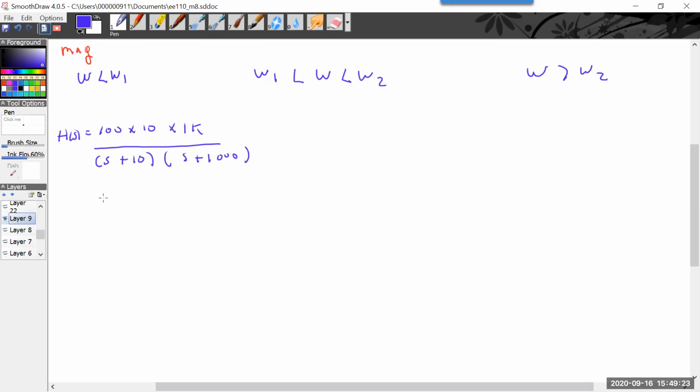Okay, so if omega is less than 10, it's also less than 1,000. So we're left with 10, we're left with 1,000. Cancel. I take the log, 20 times the log of 100, and I get 40 dB. There's no frequency component, so it's just a straight line.